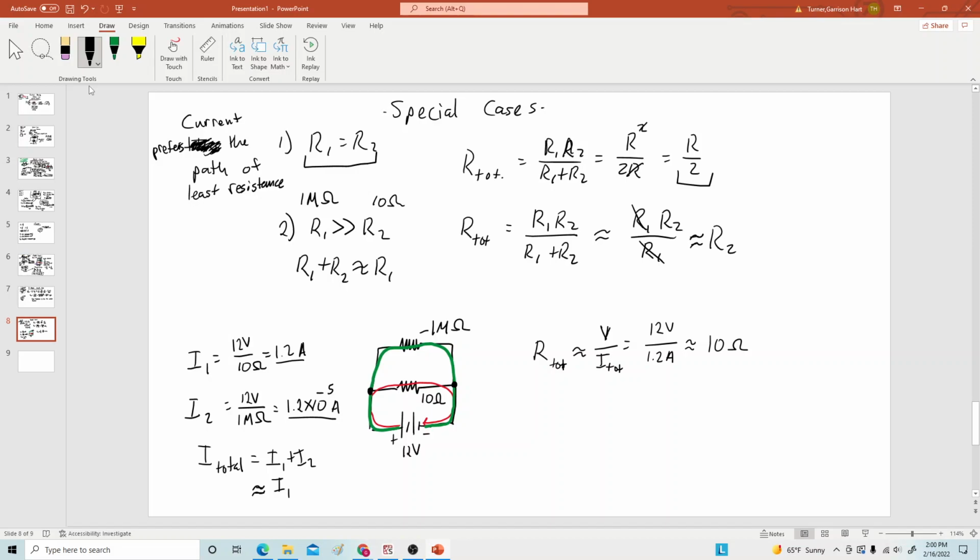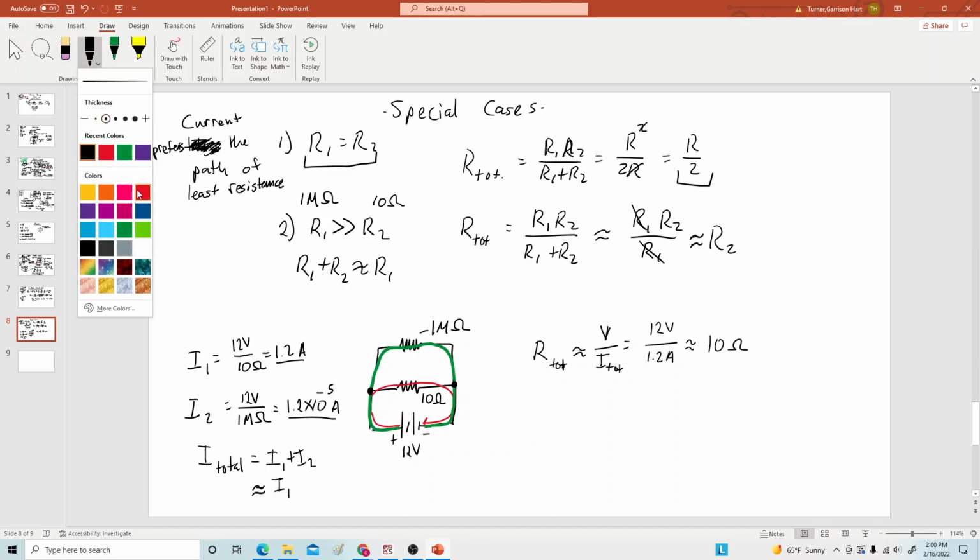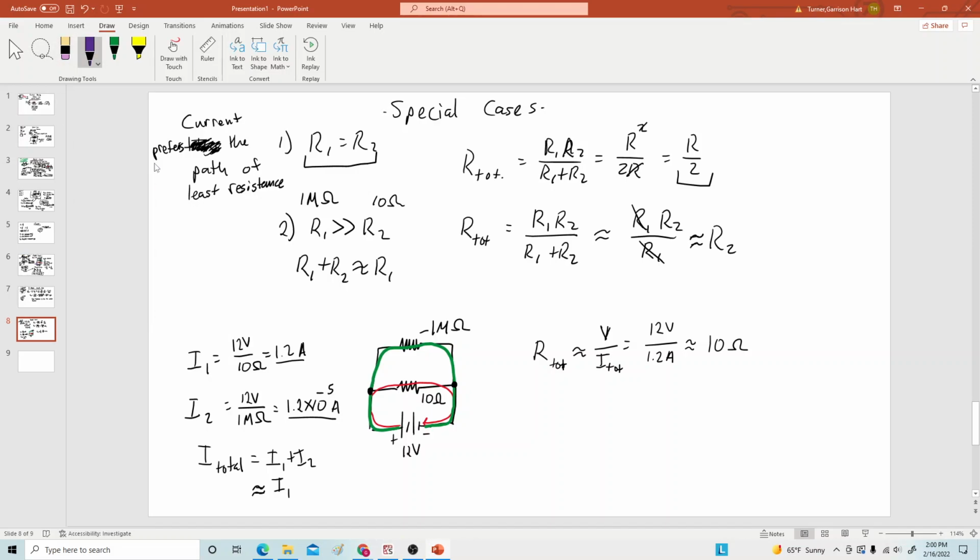The current leaves the battery in a total amount, and when it hits this junction, it splits into I2 and I1. But they split themselves based on the resistance that they see.